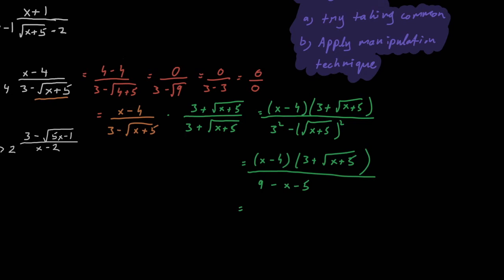So this would become x minus 4, 3 plus under root x plus 5 divided by negative x plus 4.